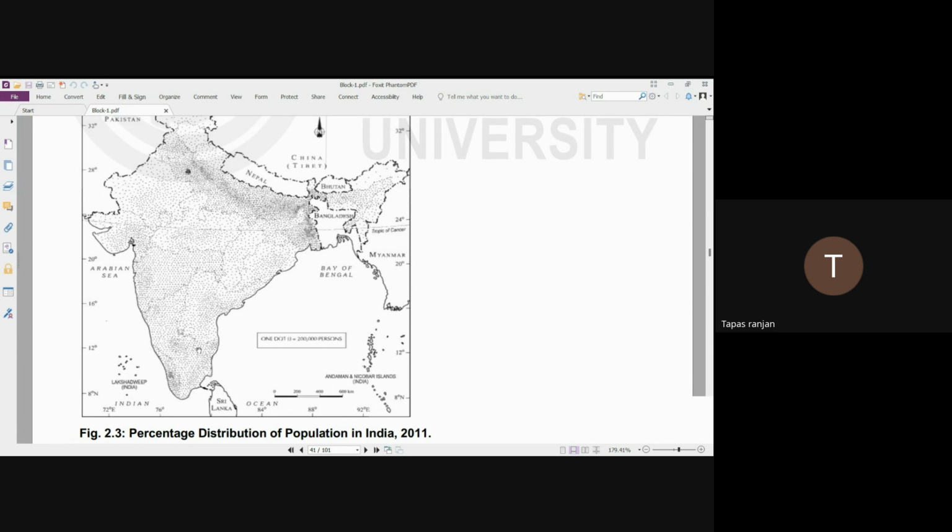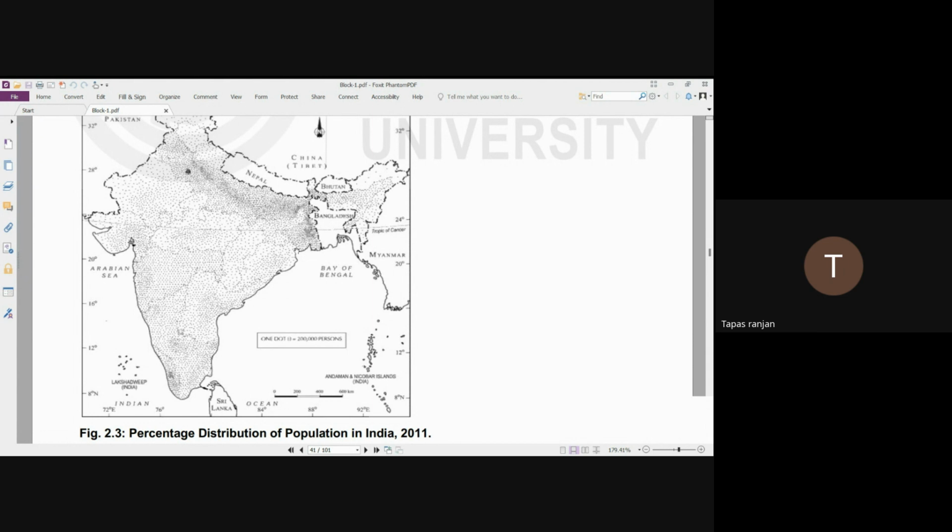These regions are inhabited by a huge population, mostly because of factors like development. Then you have different factors, like different provinces. If you understand the history of India, that can give you an idea about why even different corners of India have a large population.